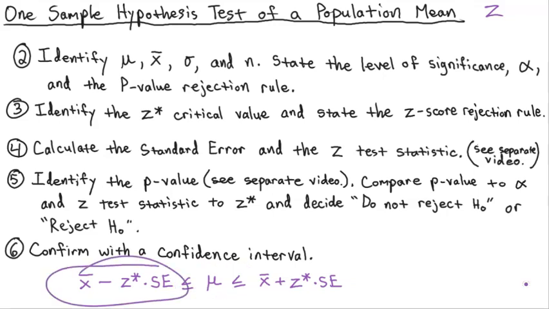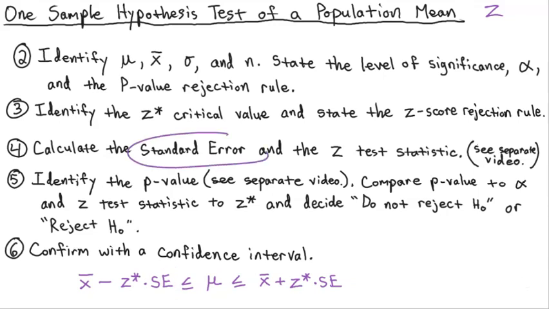And on the left here, you're just going to take x bar from step 2, and subtract z star, the critical z value from step 3, times the standard error from step 4. So we multiply z star times the standard error, we subtract that number from x bar, and that gives us the number on the left. We do the exact same thing on the right, only we add.